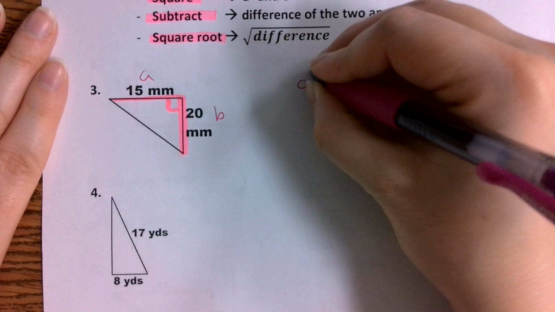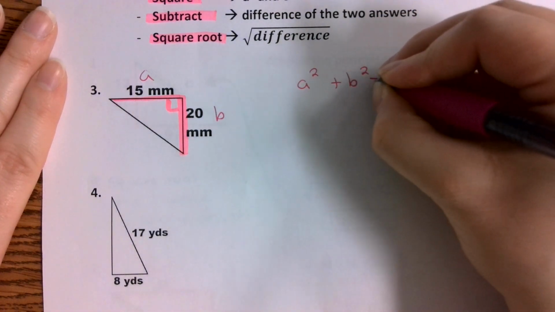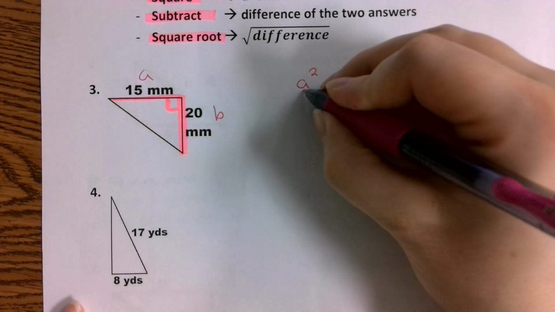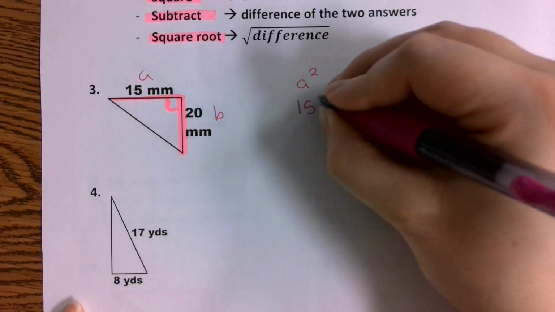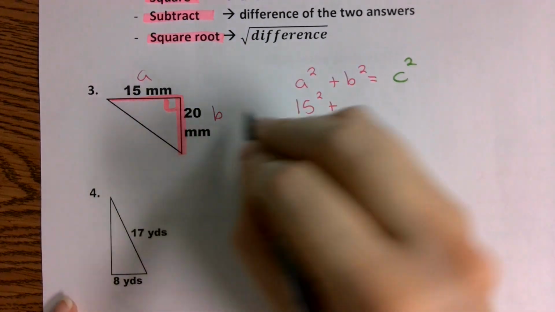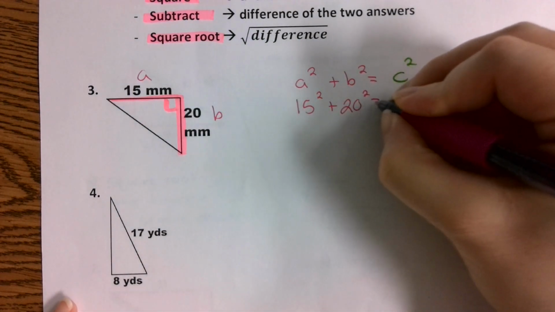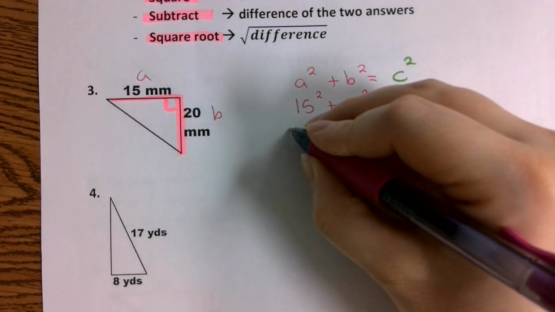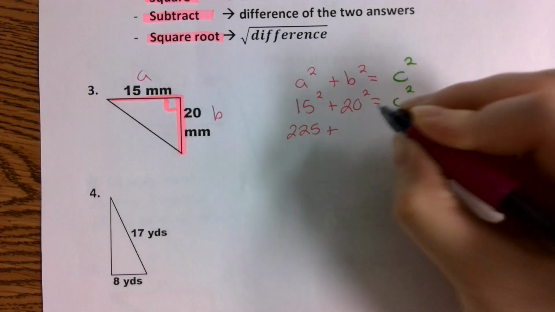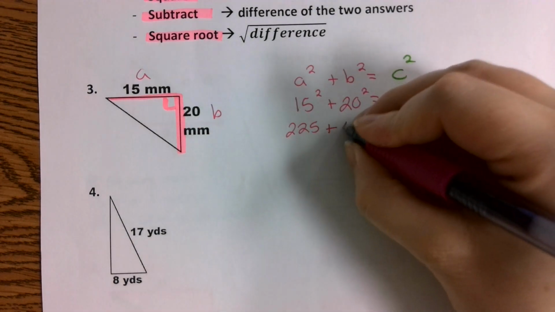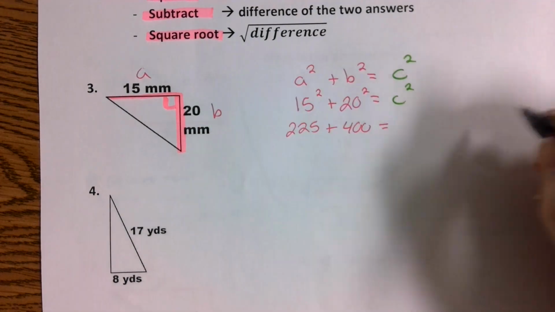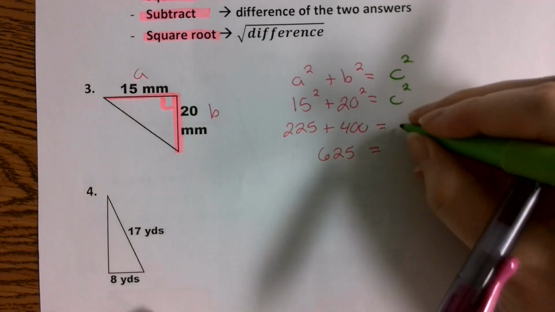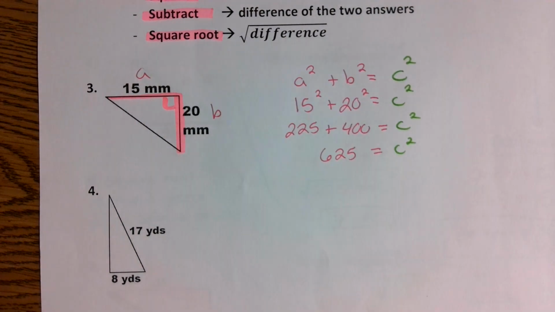Again, if we're doing A squared plus B squared, that needs to be set equal to C squared. That means we're going to replace the A with a 15, so we're going to do 15 squared. We're going to replace B with a 20, so we're going to do 20 squared, and that's going to be equivalent to our value of C squared. 15 squared is 225. 20 squared is going to be 400, and when we combine those two together, that's 625, and then you just need to take the square root.